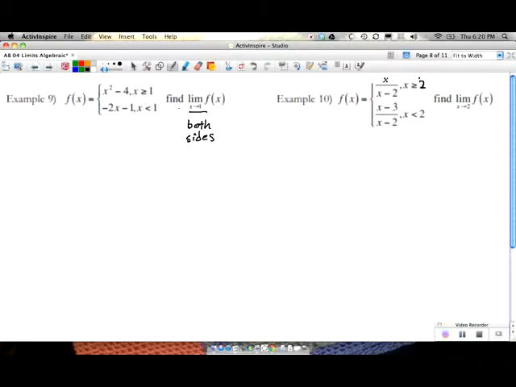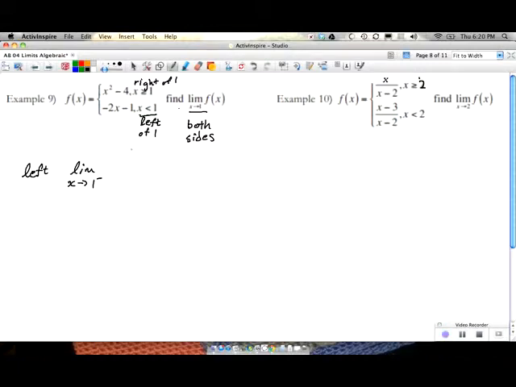The problem with this is that we have a left and a right. For example, when x is less than 1, that's left of 1. And then when x is greater than or equal to 1, that's right of 1. Well, then let's see what's happening. The limit as x approaches 1, what do you want to do? Left or right? How about left?